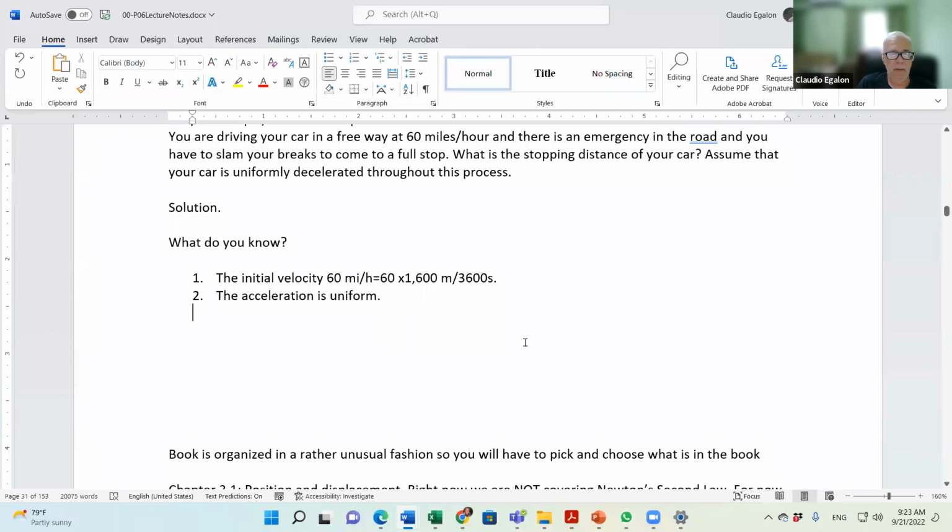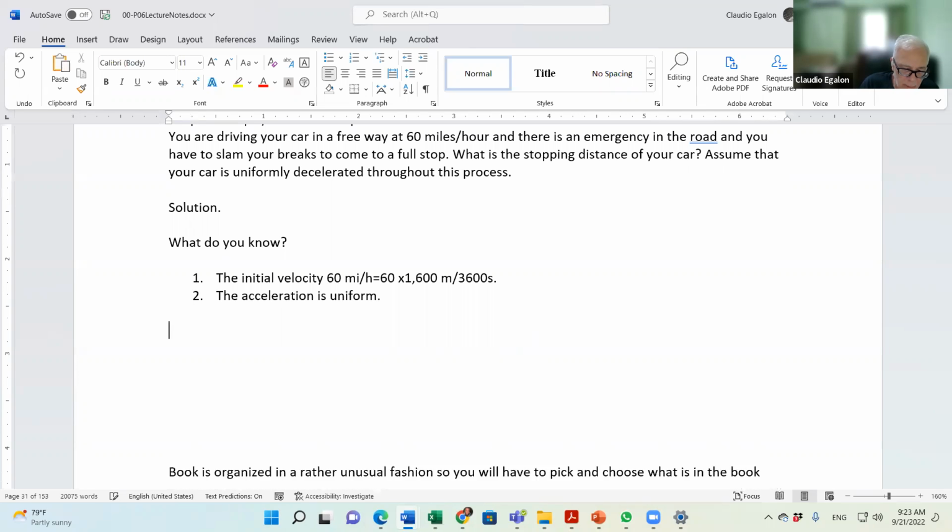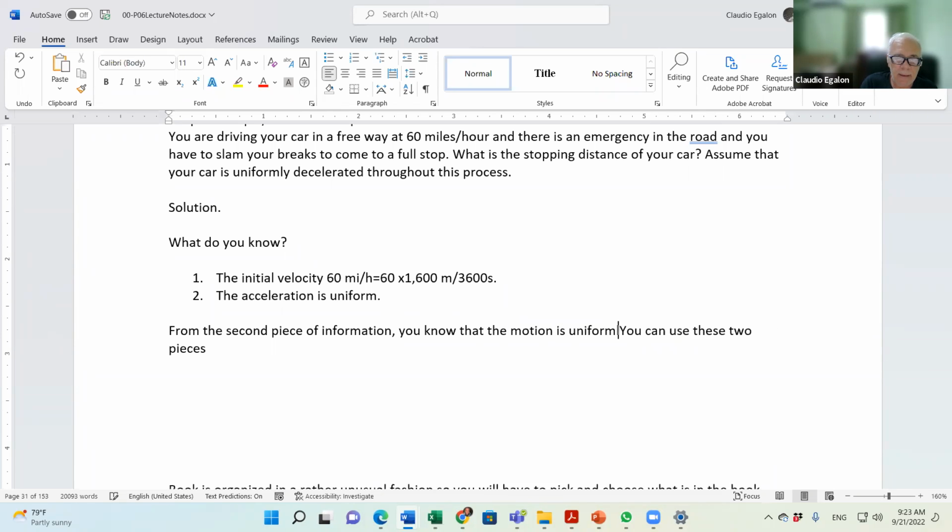So from those two pieces of information, from the second piece of information, you know that the motion is uniformly accelerated.